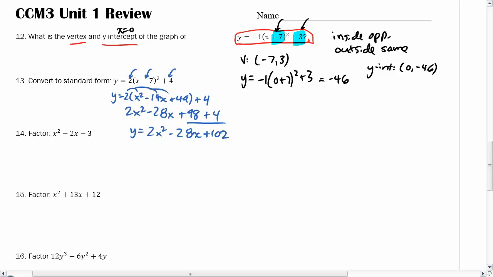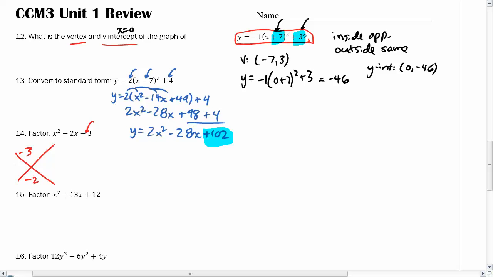And remember, this form is nice if you need to find the y-intercept, because it's 0, comma, that last number right there. Now, factoring this one out, big X, last number up top, first number on the bottom. Then what two numbers multiply to give you -3 and add to give you -2?